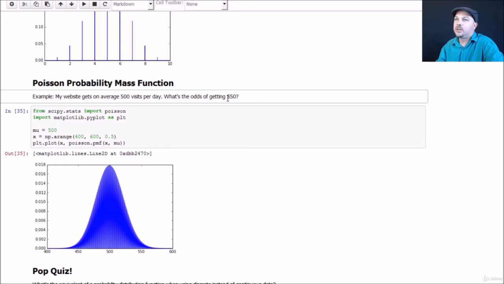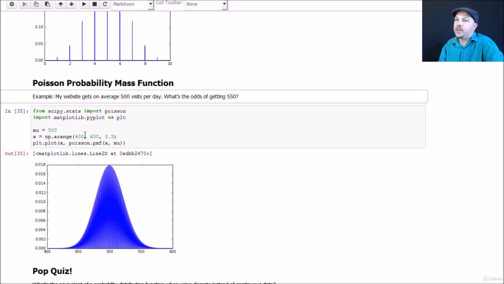So as an example, let's say I have a website, and on average I get 500 visitors per day. I can use the Poisson probability mass function to estimate the probability of seeing some other value on a specific day. What's the odds of seeing 550 visitors on a given day? That's what a Poisson probability mass function can give you.